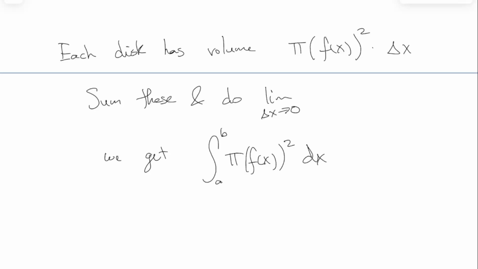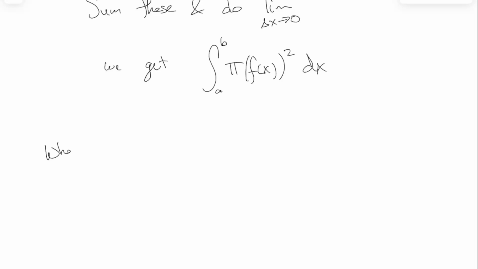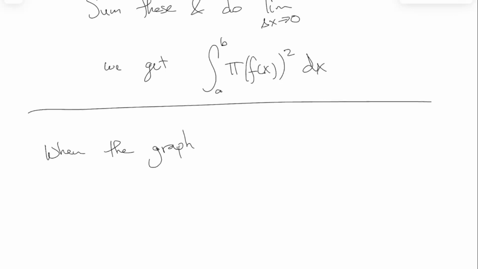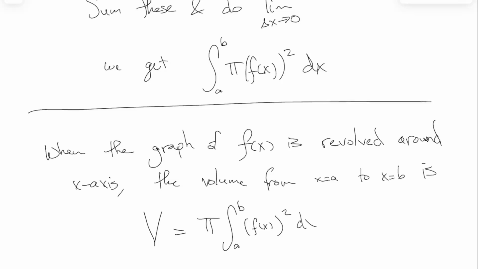I was going to write this again and put it in a box. I think I'm going to put the pi on the outside. So, this is my little conclusion here: when the graph of f of x is revolved around the x-axis, the volume from x equals a to x equals b is, and you can put this in a box in your notes somewhere, pi integral a to b f of x squared dx.